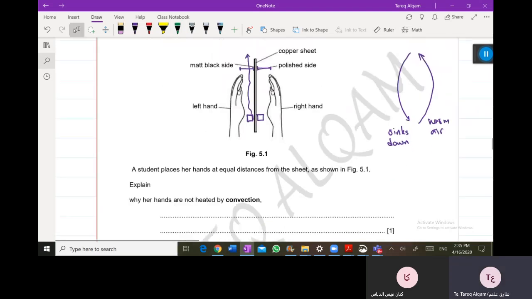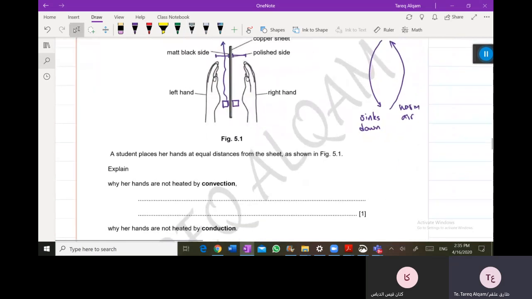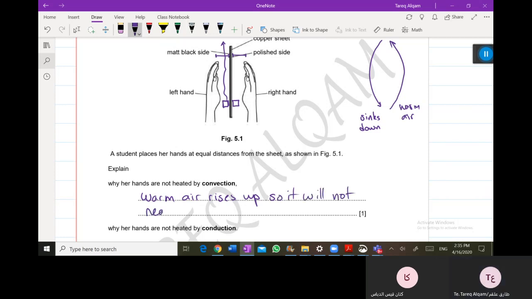As a result of that, hot air will not reach her hands. Warm air rises up, so it will not reach her hands.